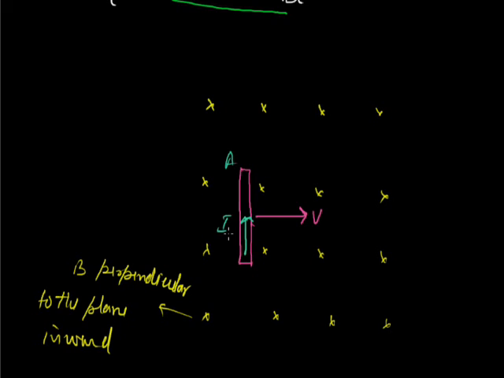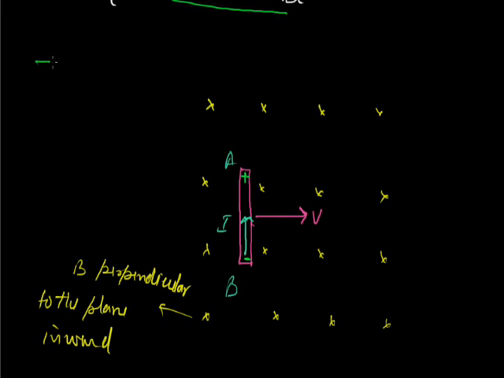This point is A, this point is B. Now we can easily say which point becomes positive and which becomes negative. In my idea, this point will be negative and this point positive. Is it correct? Actually, current flows from positive to negative, but this is correct only for the outer circuit.